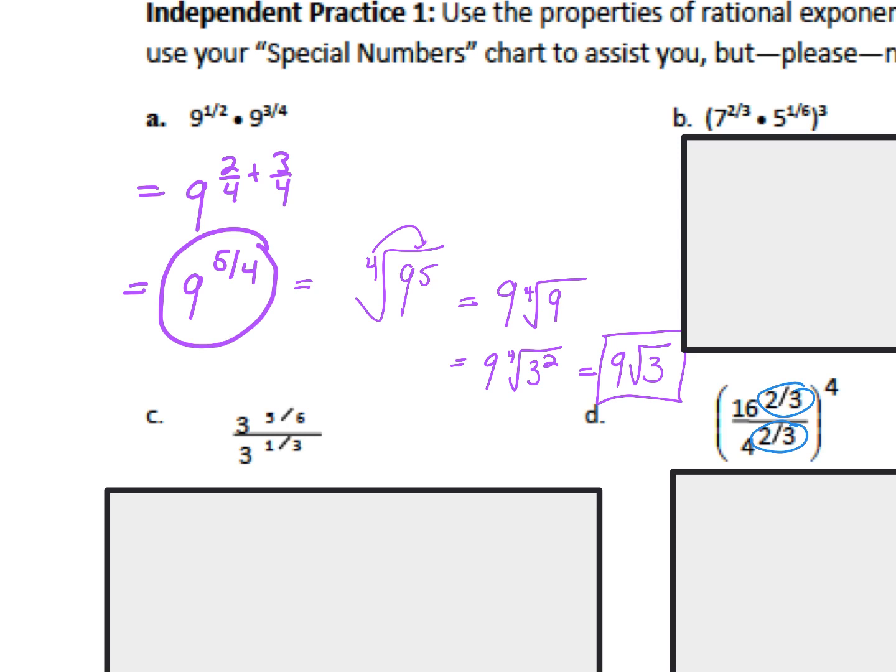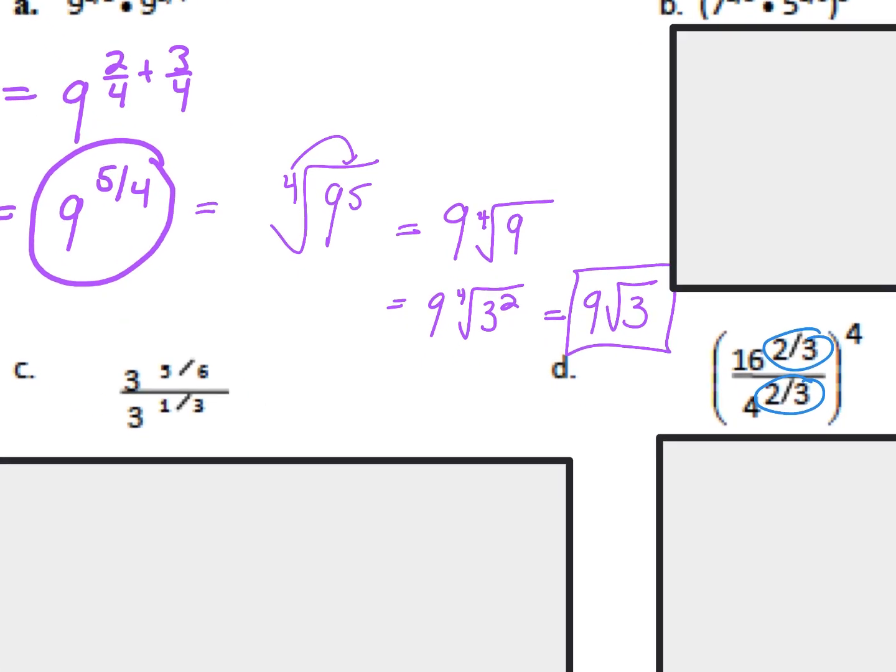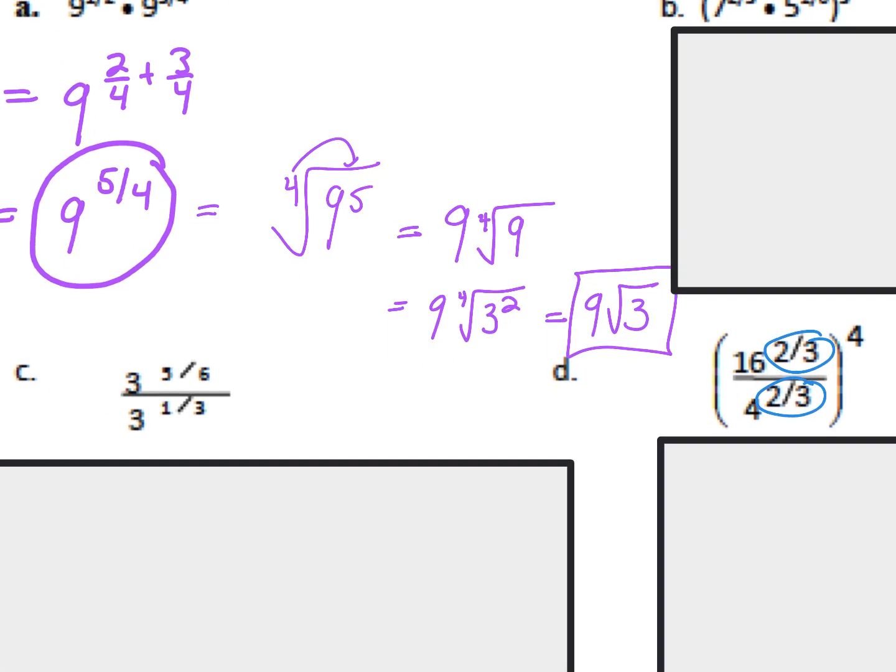I then actually do the division that's indicated. I ask myself, how many times does 4 go into 5? It's once. The 4th root of 9 can actually be simplified because 9 is a perfect square. Since 9 is a perfect square, you have 3 squared hanging out in there, and then you're 4th rooting it.